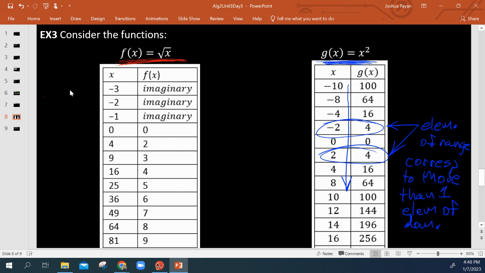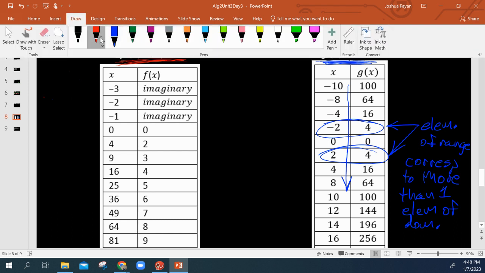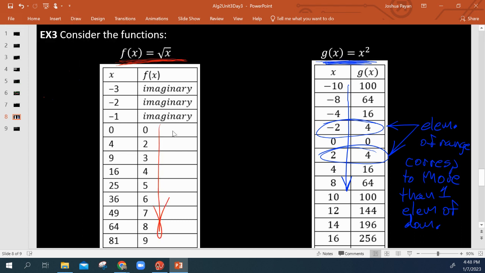Okay, so basically, for every x value, we should only have precisely one y value, right? So over here, we see that this is the case, that every y corresponds to only one x.